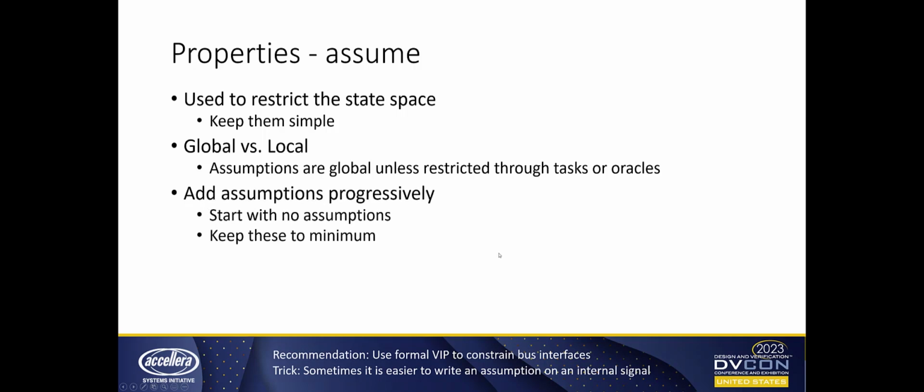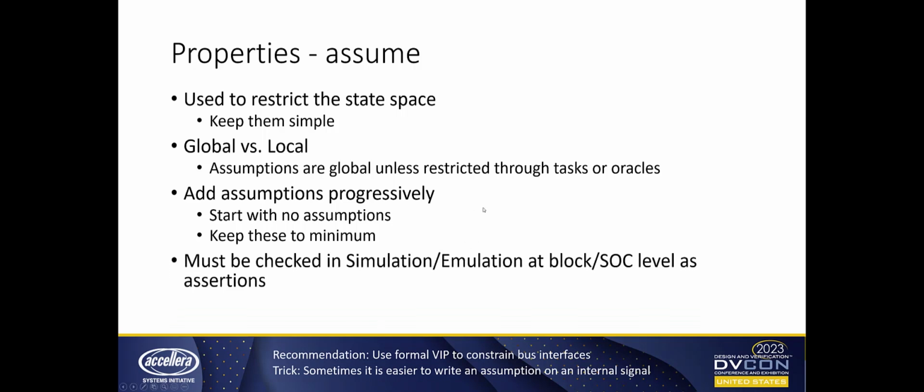Ideally, you want to start with no assumptions, so totally unconstrained design, and then start adding them in as needed. Now, if you have a bus interface, then obviously you may want to put in some verification IP to properly constrain that interface. But minimally, you want as few assumptions as possible. That helps prevent over-constraining, which could hide bugs potentially. Running your assumptions in simulation or emulation is a good idea.